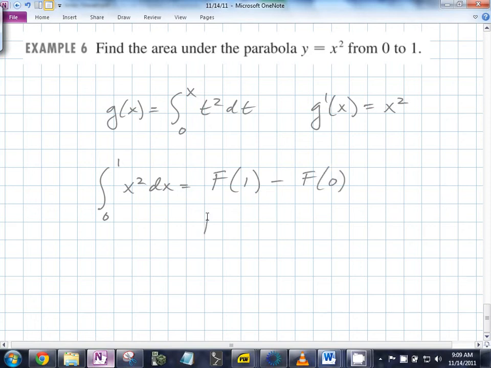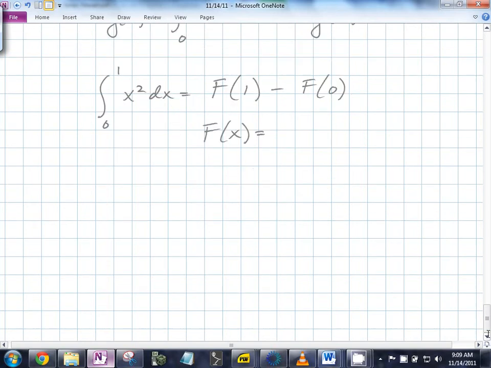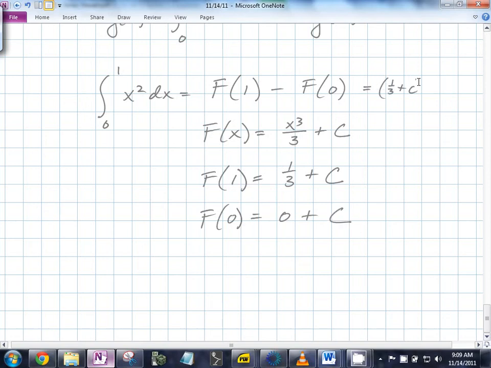It is x cubed over 3 plus C. So what is F of 1? 1/3 plus C. What's F of 0? Plus C. So this is equal to 1/3 plus C minus C, which is 1/3. Is that a tiny bit less algebra than what you've done before?